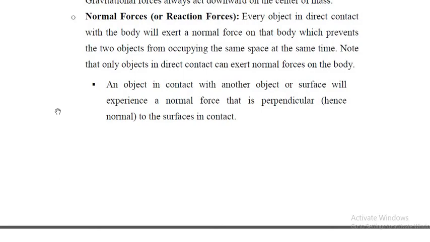Again, an object which is in contact with another object or surface experiences a normal force which is perpendicular to the surfaces in contact.